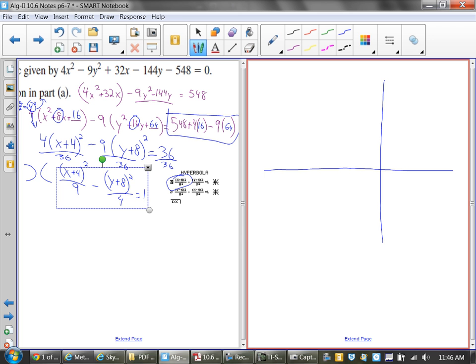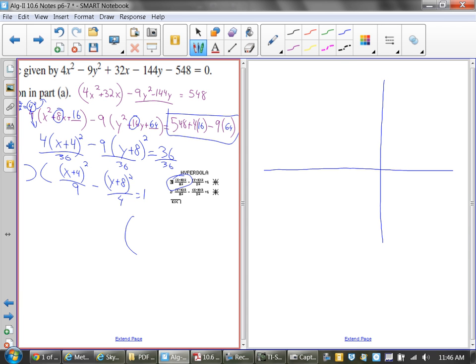Our center is at -4, negative 8. A squared is 9. B squared is 4. Everybody okay with that? A is 3. B is plus or minus 2. C is plus or minus 3. Everybody okay with that?